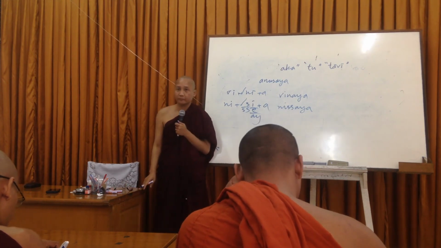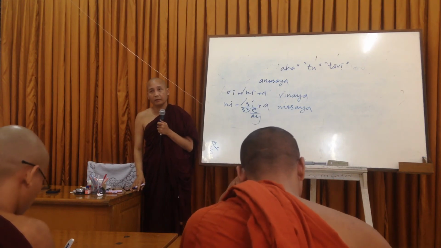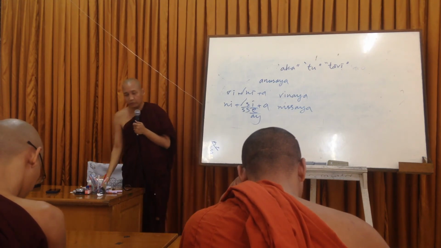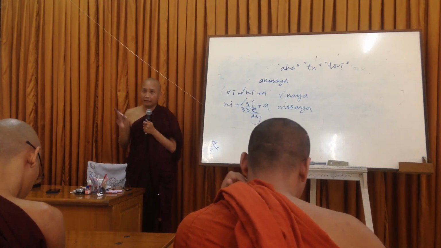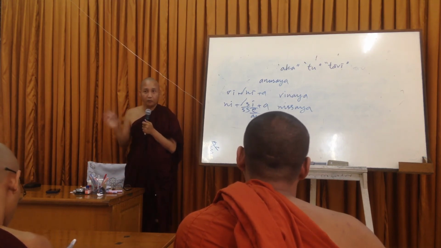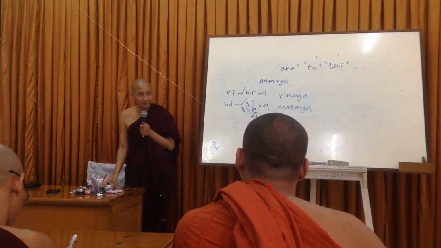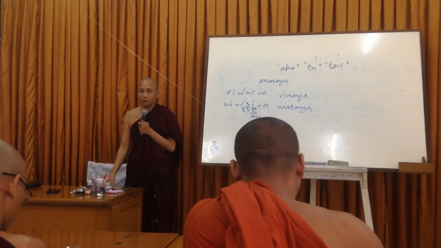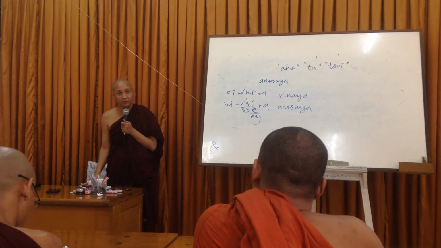Anusaya. What is the root? What is the prefix? Anu. Okay. The root is si or sī? Sī, because Anusaya is the latent kilesas. They are latent, they are dormant. They are not waking up. They are sleeping kilesas, you can say. We have sleeping kilesas like lobha, dosa, moha. So superficially we don't know what we have. Some people look very gentle, very polite.